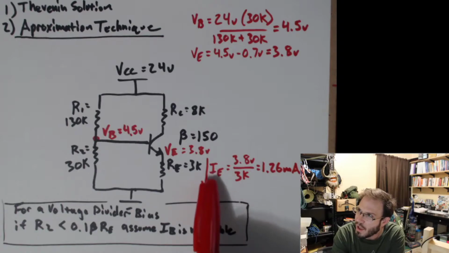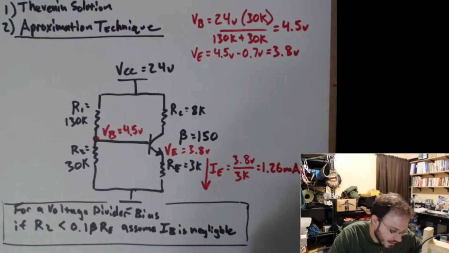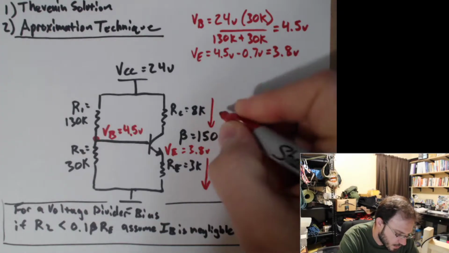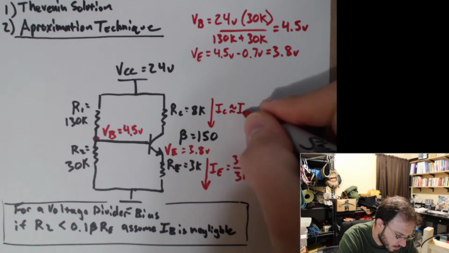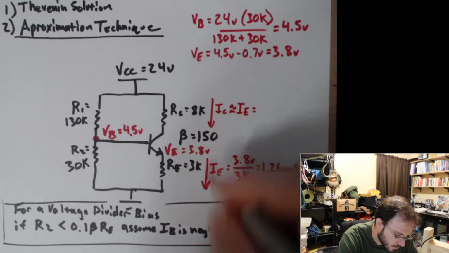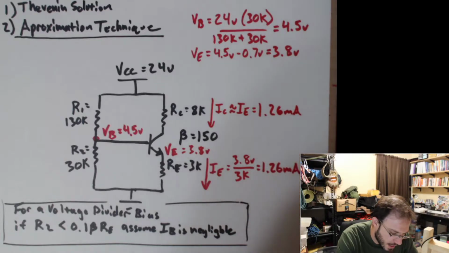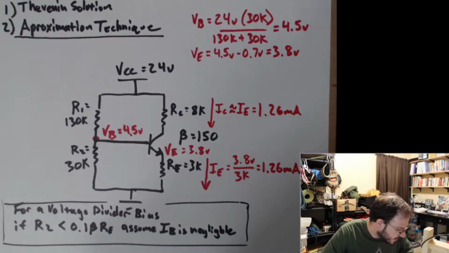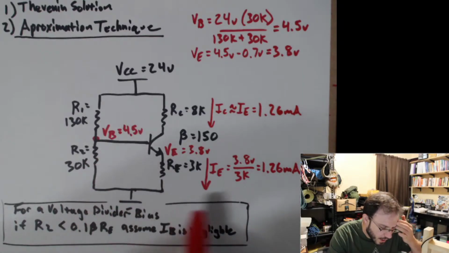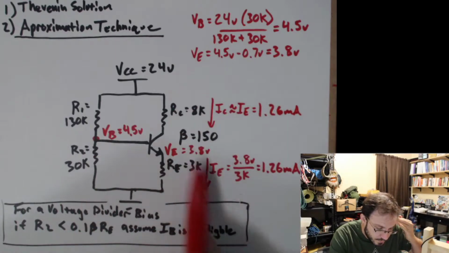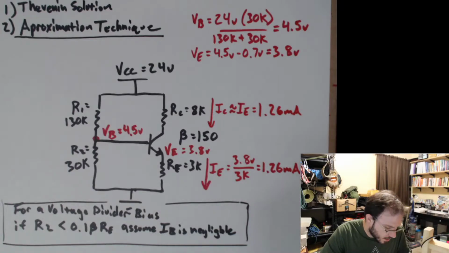So we can just go ahead and say that IC is approximately equal to IE, and that's equal to 1.26 milliamps. And now we have our IC. So we have our emitter current, and now we have our collector current.